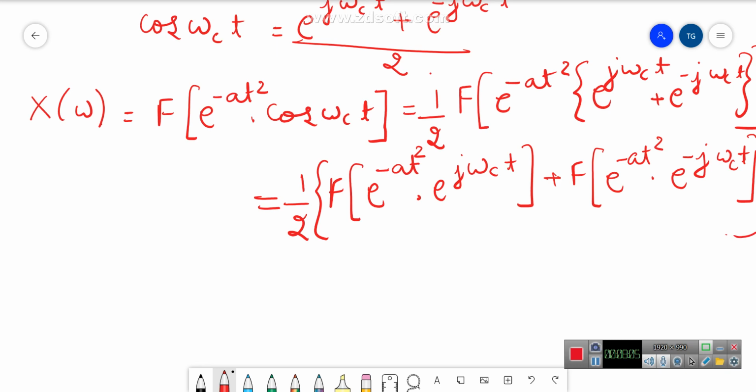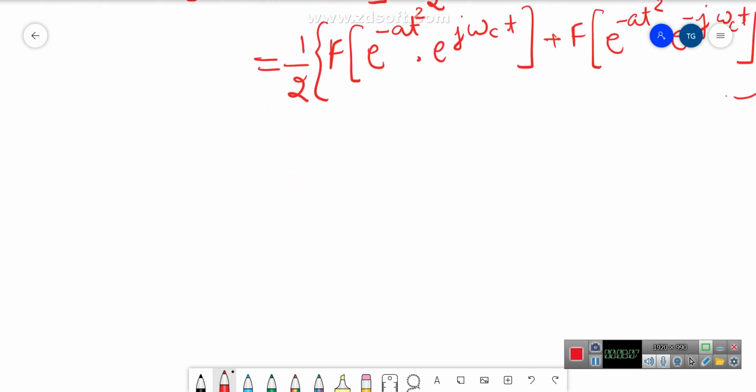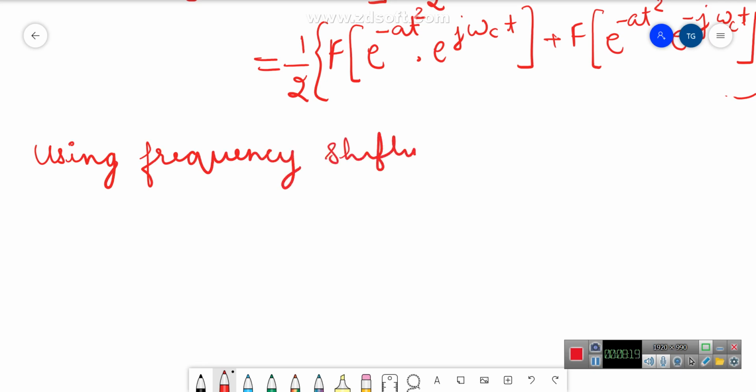So now we use the frequency shifting property: when my signal in the frequency domain gets shifted by omega naught, then in the time domain my signal gets multiplied with e to the power minus j omega naught t.